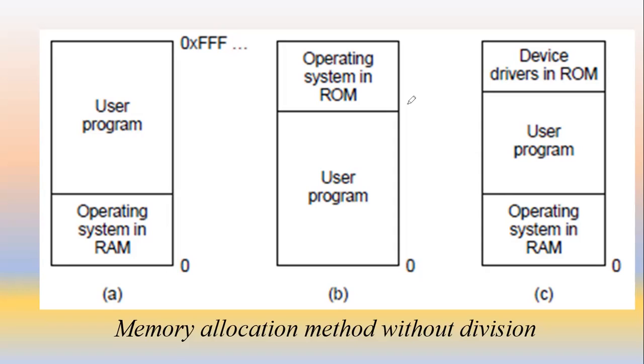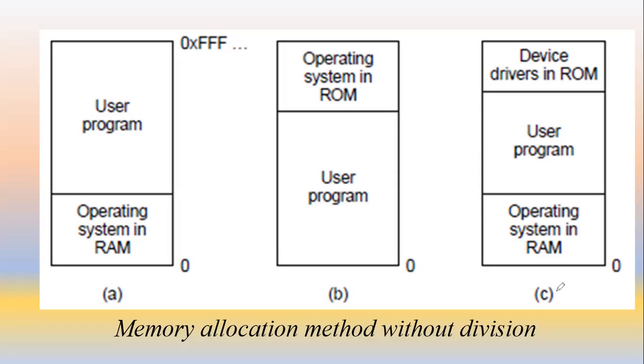In this other case, case B, the operating system, especially in ROM, is located on the upper portion, and the user programs are located on the lower portion.